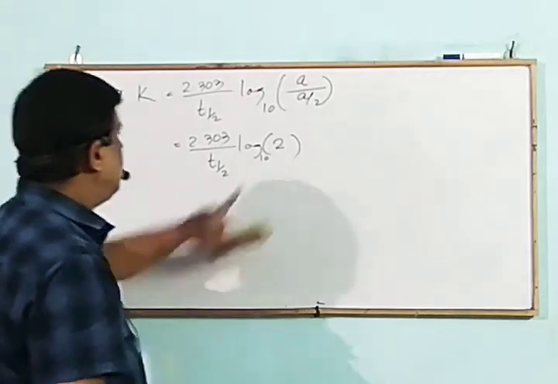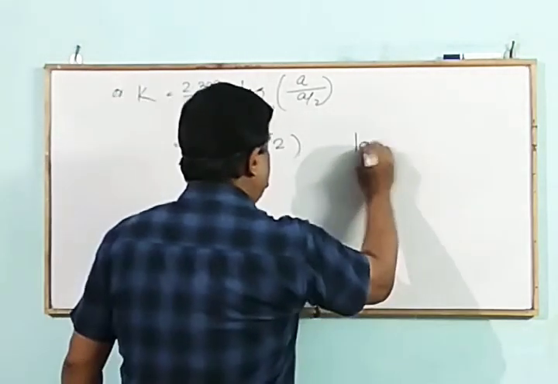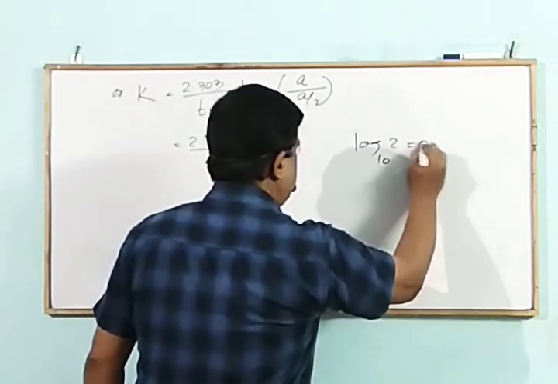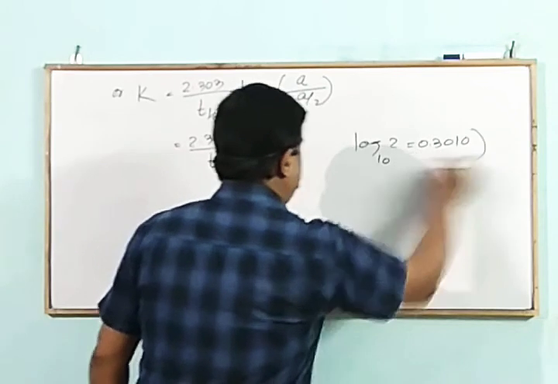We know the value of log base 10 2 is equal to 0.3010.